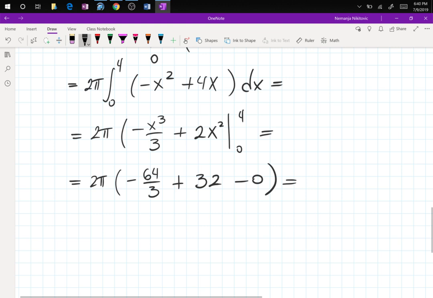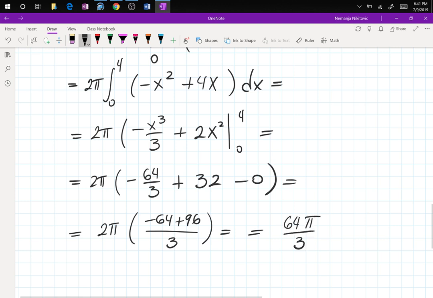We put this 32 over 1, then times 3 becomes 96. So 2 pi, and we have negative 64 plus 96 over 3. 96 minus 64 is 32. So 64 pi over 3.